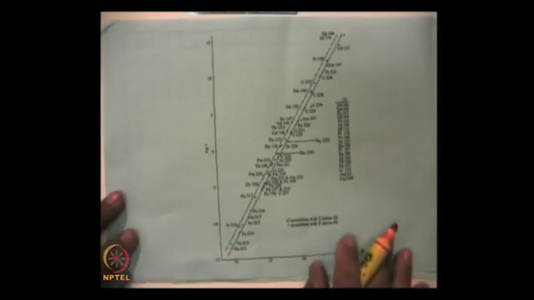And I had a slide, I am getting mixed up with all my slides, that shows the experimental variation of the lifetime, where tau is measured in years. The vertical scale, this is also given in my book, is tau in years, and log tau goes from minus 10 to plus 10, something like a fraction of a second to billions of years.